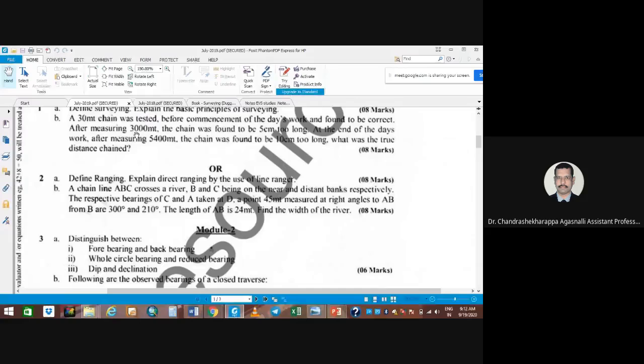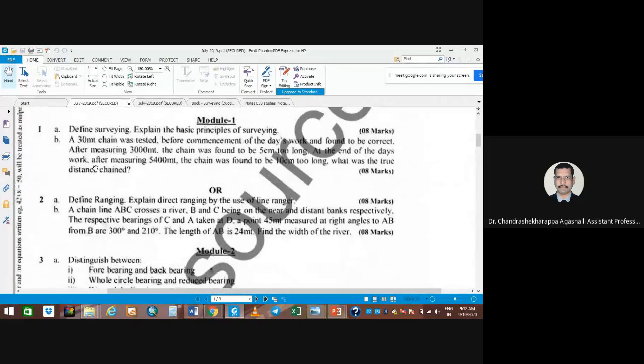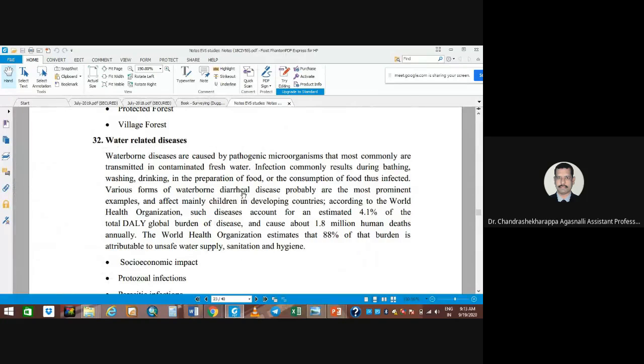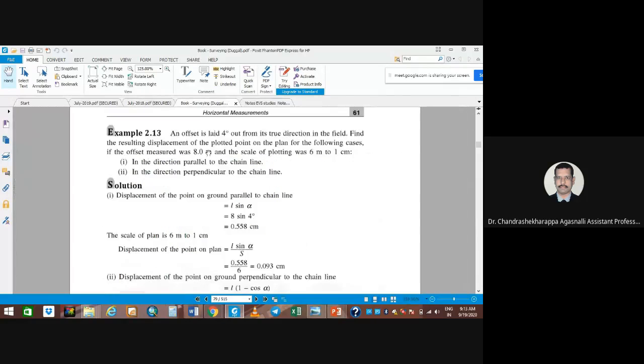And the third type is the distance of the river width. Right, that is another type. There are three to four types of problems that will arise, so all three types of problems we are going to discuss here.